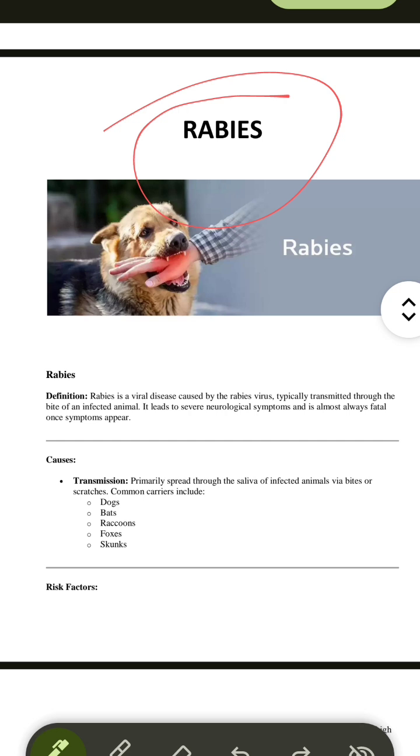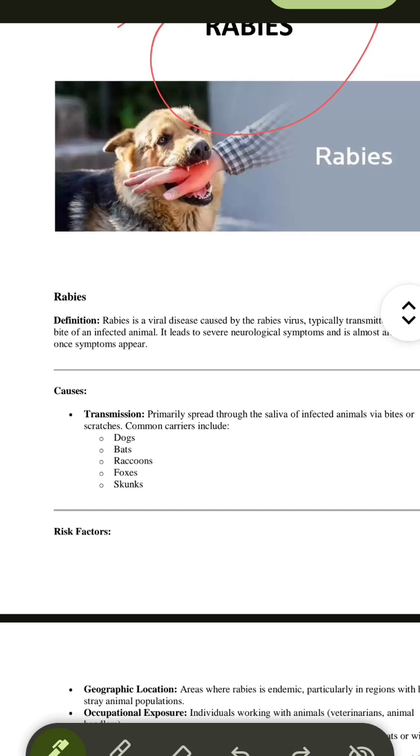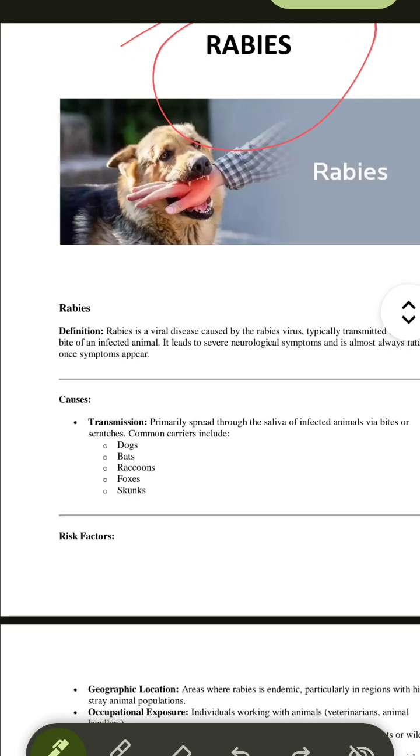Rabies is primarily caused by the bite of animals or animal scratches. Infected animals, usually dogs, cats, bats, and raccoons, transmit the virus through bites.